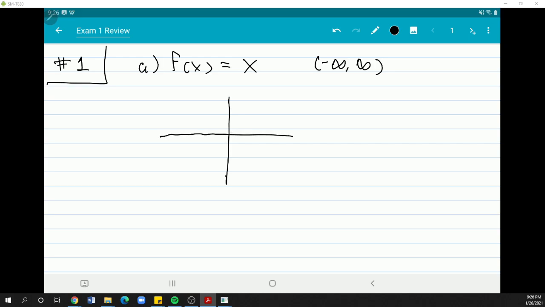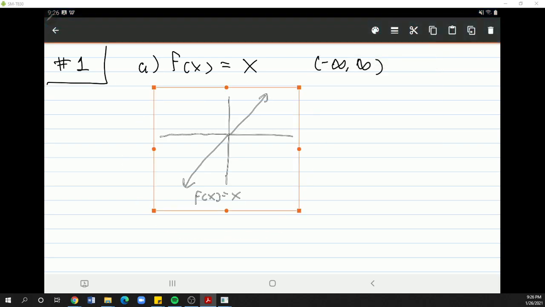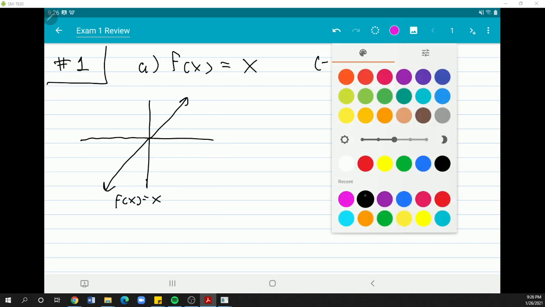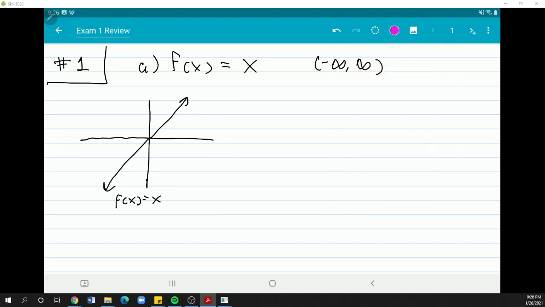What does this function look like? It looks like a straight line, like that. Just by taking a look, we say, okay, this is definitely one-to-one. If I draw any horizontal line, it's only ever going to intersect at one point.